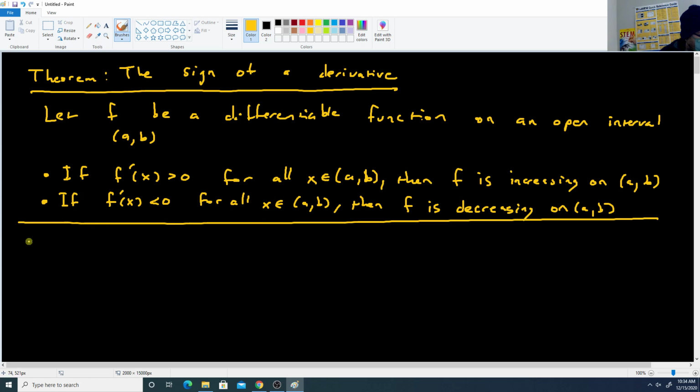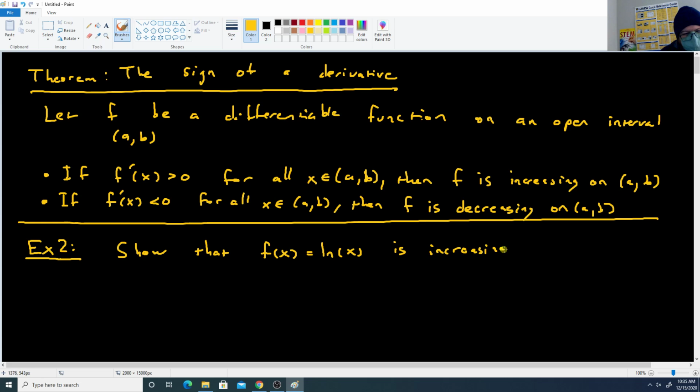So, first example, this is actually example 2 from the book. What we want to do is show that our expression f of x equals natural log of x is increasing. They didn't really specify what interval this is.